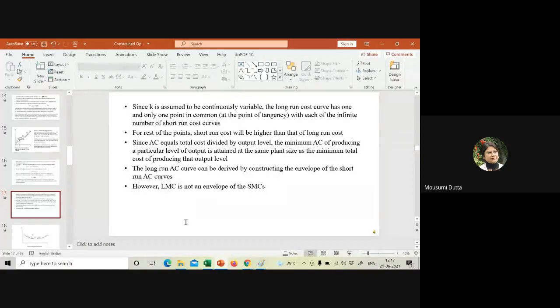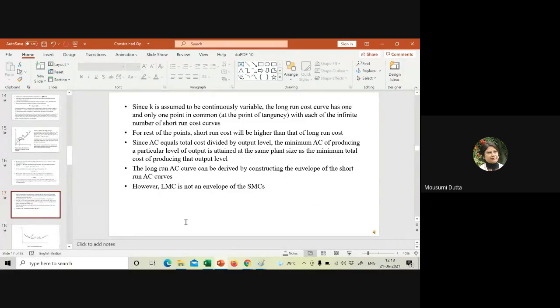Since K is assumed to be continuously variable, the long run cost curve has one and only one point in common, at the point of tangency, with each of the infinite number of short run cost curves. So K is continuously variable. When we are selecting a particular level of output, we are selecting a particular plant size as well.